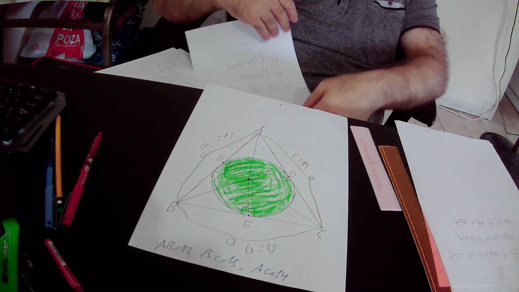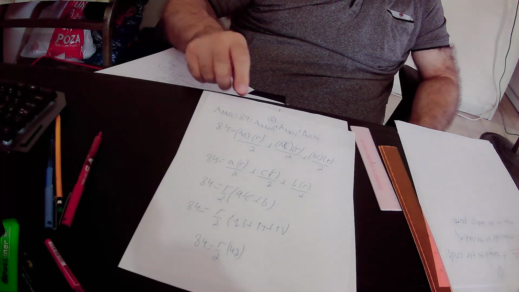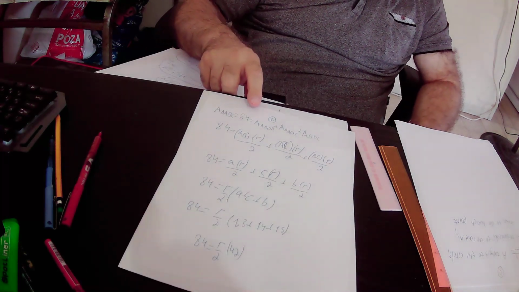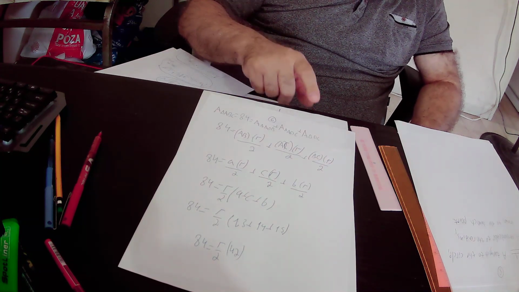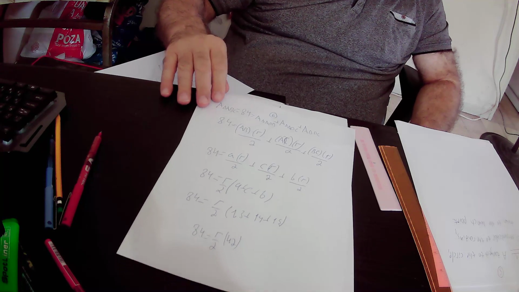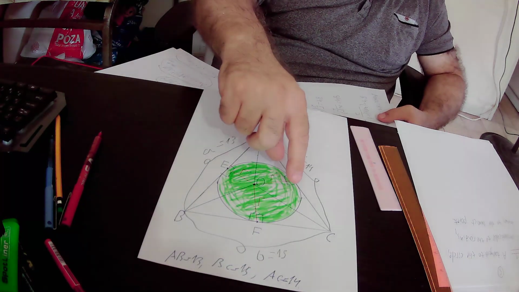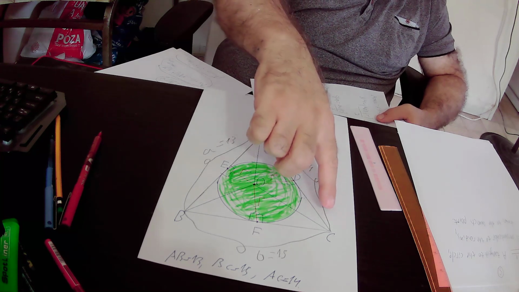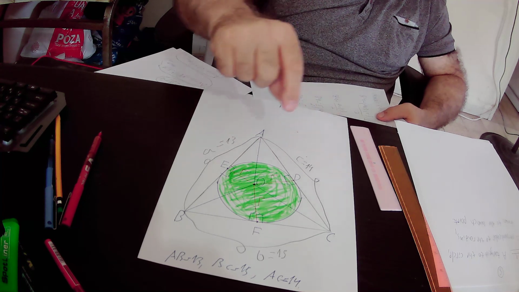The equality states that the area of triangle ABC, which equals 84 square units, equals the sum of the areas of the 3 small triangles. The area of triangle AOC equals the base of the triangle, that is AC, times the height to the base, that is the radius, over 2.